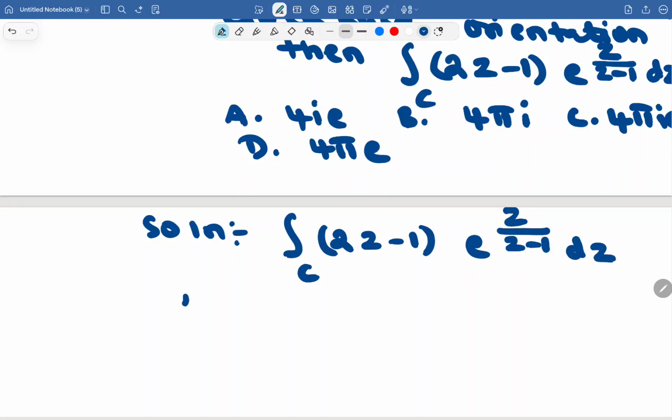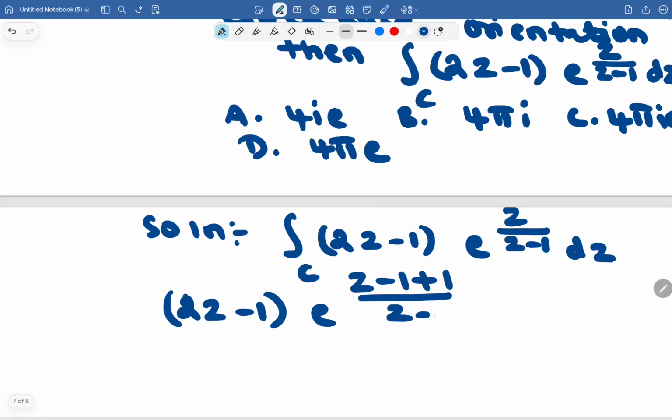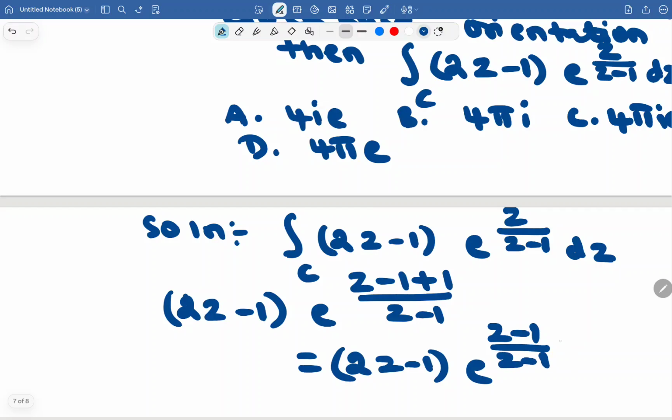I am going to rewrite (2z minus 1) e^z as (2z minus 1) e^(z minus 1 plus 1) by (z minus 1), which can be further written as e^((z minus 1) plus 1) by (z minus 1).